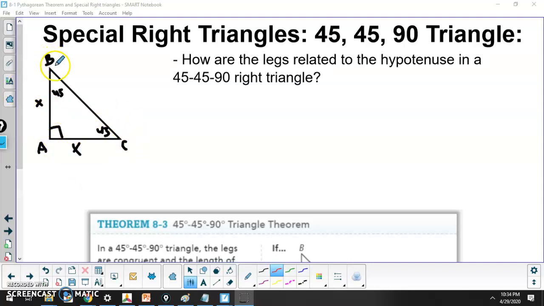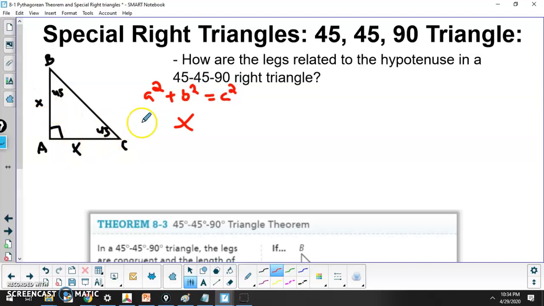Now there is a relationship between the two legs and the hypotenuse all the time, and let me show you where it comes from real quick. If we use our good old Pythagorean theorem, which you learned about in the last video I posted, a squared plus b squared equals c squared.